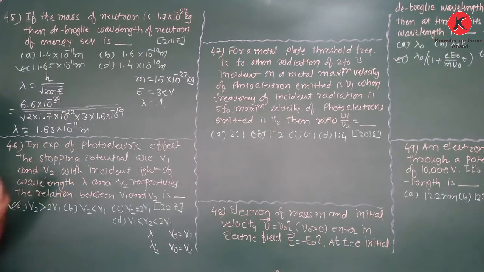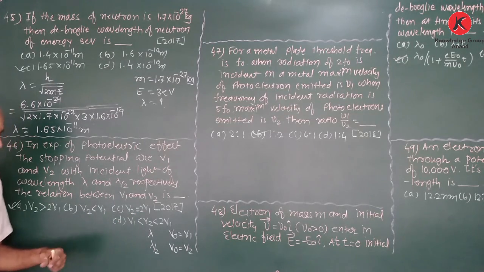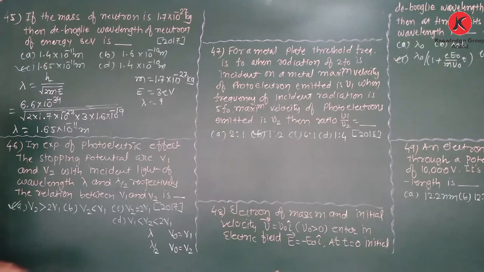What is the relation between V1 and V2? Either V2 is greater than 2V1, or V2 is less than V1, or V2 is equal to twice V1, or V1 is less than V2 is less than 2V1.